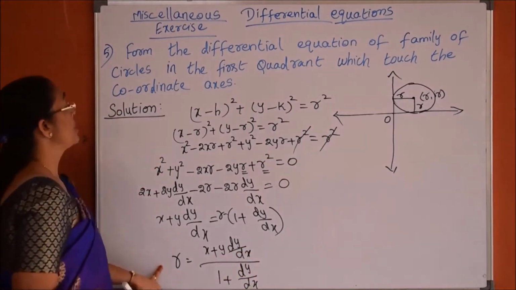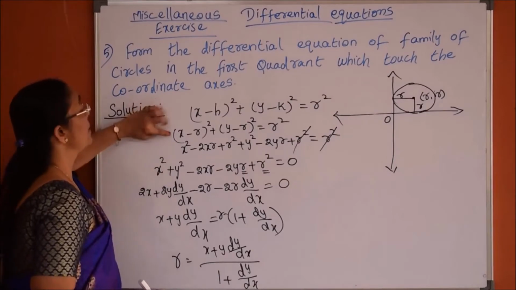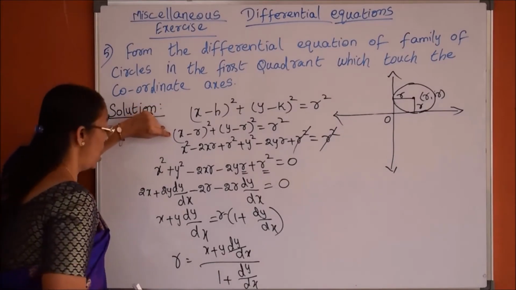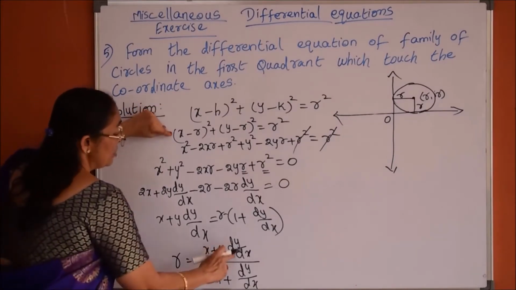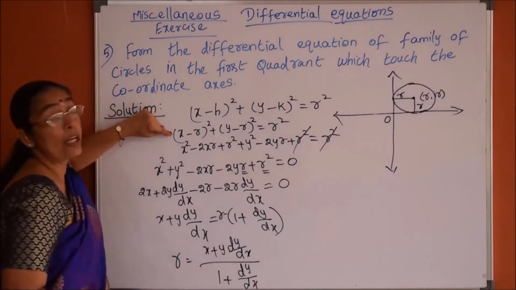Now we will substitute this r value in the circle equation to eliminate r and form the differential equation. Instead of dy by dx, let me use y dash.